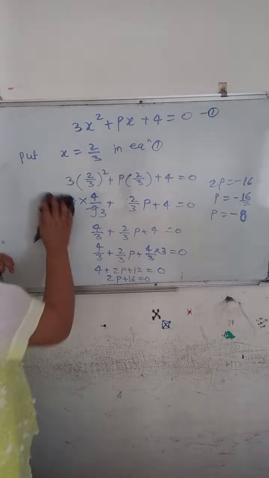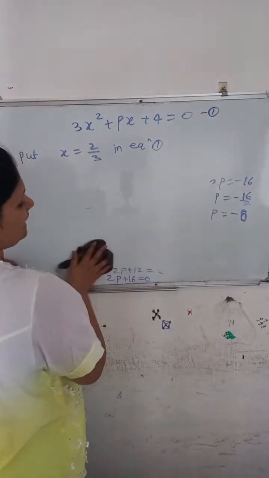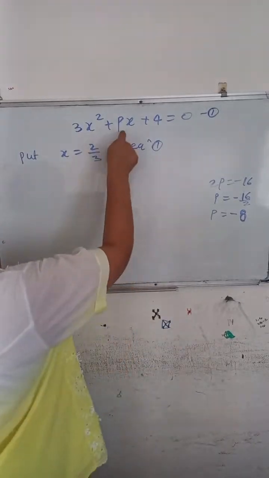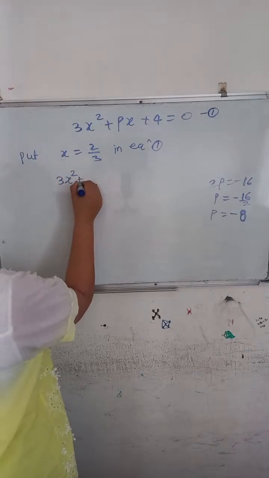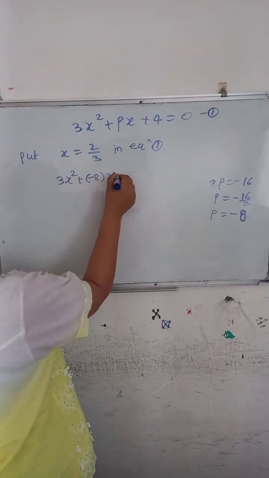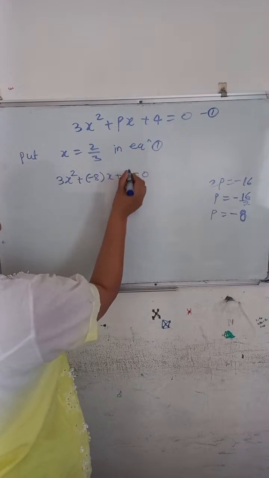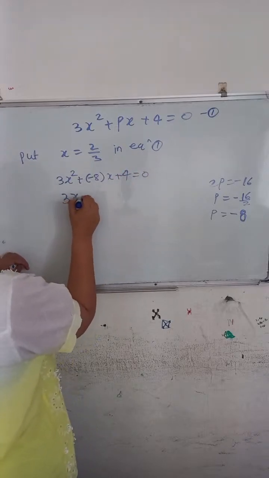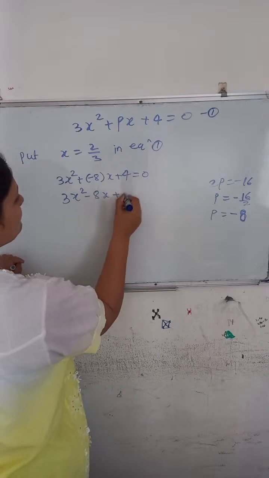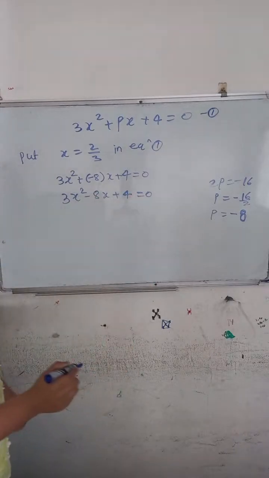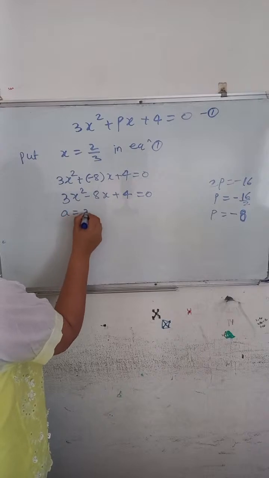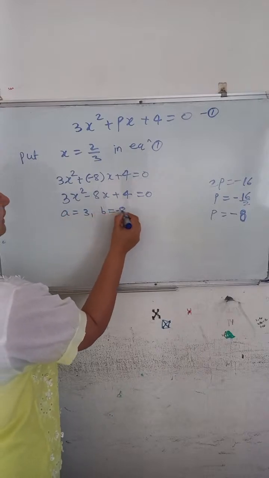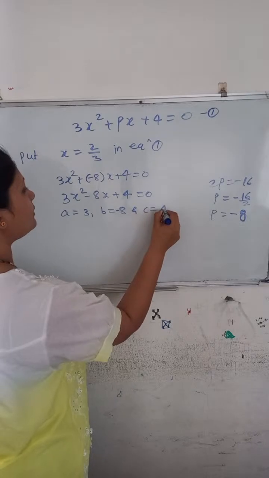See, I got p is minus 8 and you can substitute that over here. So 3x square minus 8x plus 4 is equal to 0. Now you can solve this question by the splitting middle term method. A is 3, B is minus 8 and C is equal to 4.